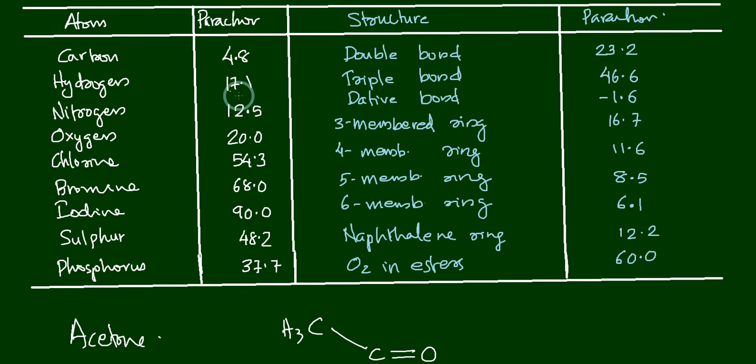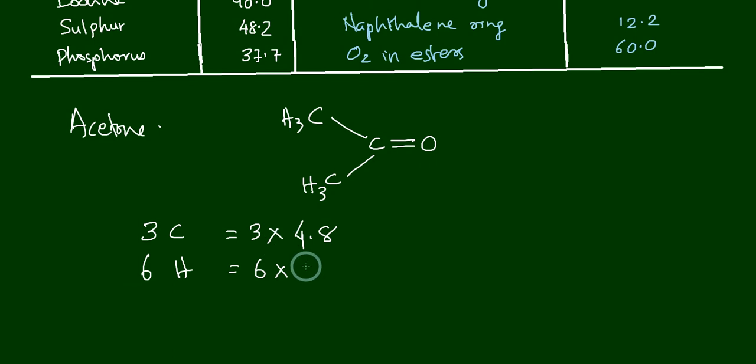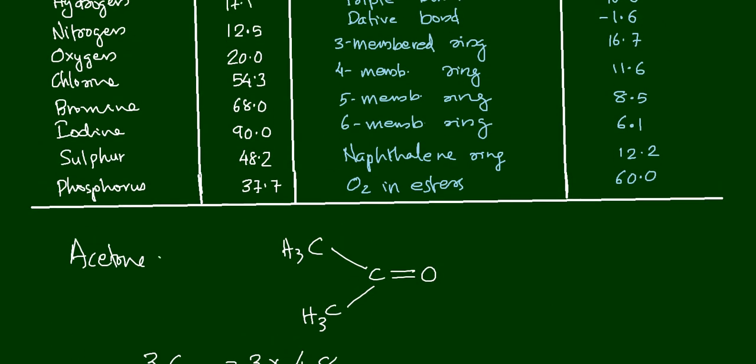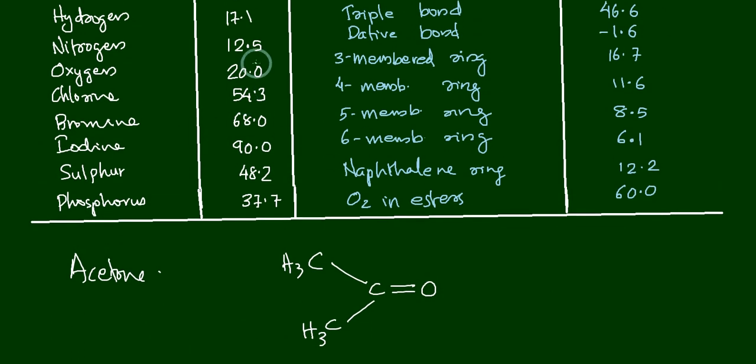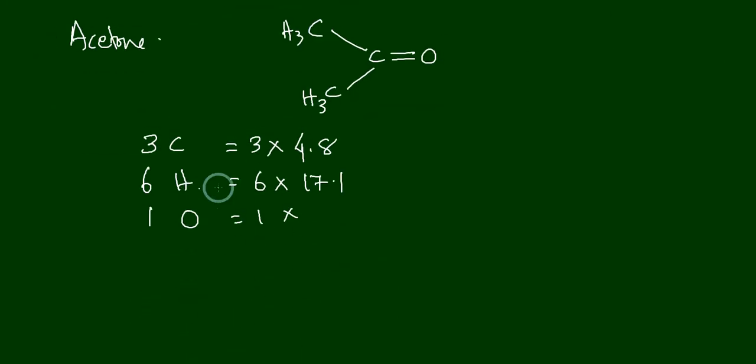The contribution from the hydrogen is 17.1. So we write 6 into 17.1. And there is 1 oxygen, so 1 O, and that will contribute 1 into, what is the contribution of the oxygen? We can look into the table, and the contribution of the oxygen is 20.0. So we write 1 into 20.0. These are the atomic contributors.